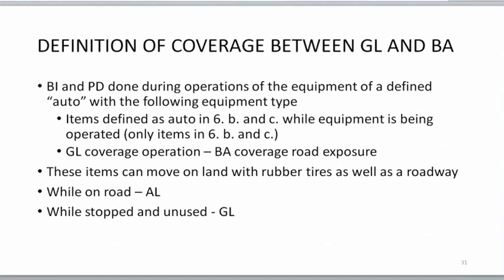Bodily injury or property damage done during operation of equipment of a defined auto with the following equipment type: items defined as auto in B and C, while equipment is being operated, only items B and C. General liability covers operation; business auto covers road exposure. Those items can move on land with rubber tires as well as on the roadway. While on the road it's auto; while stopped and being used, it is GL.